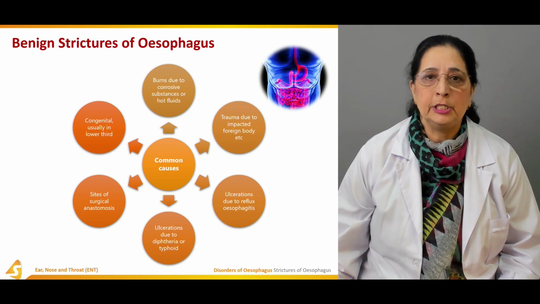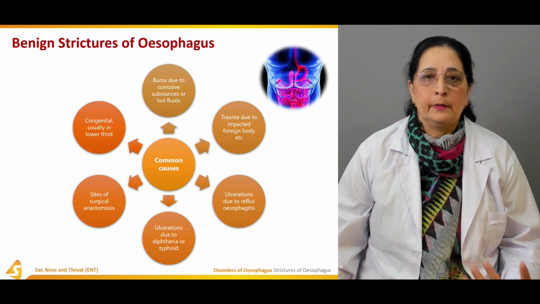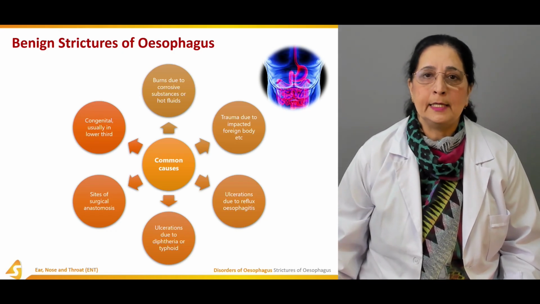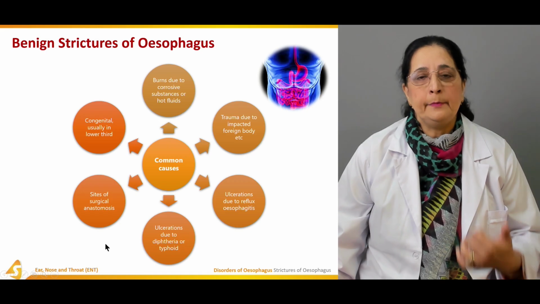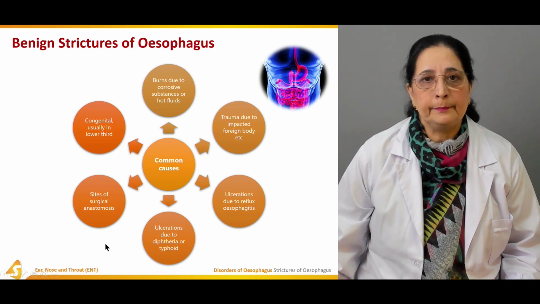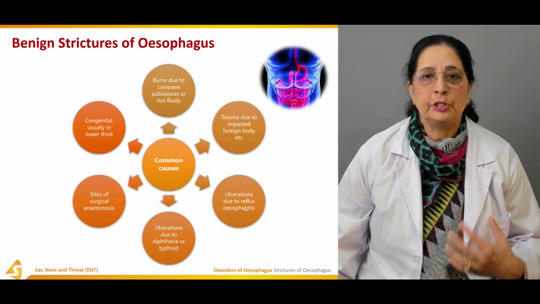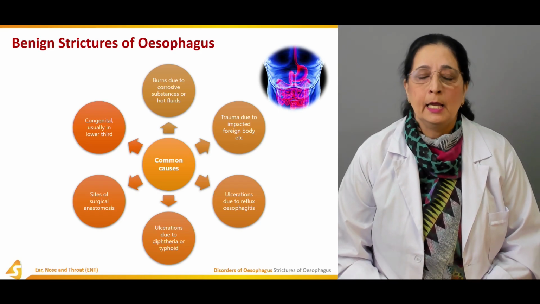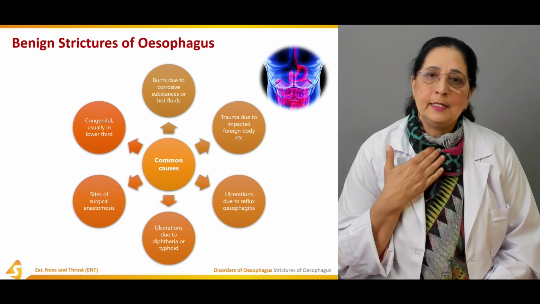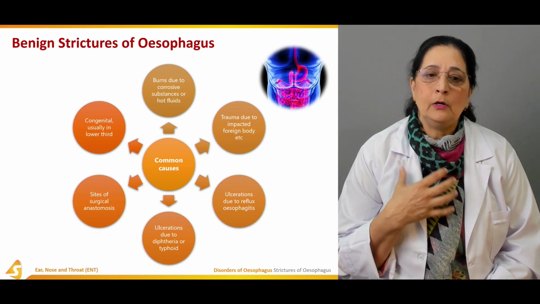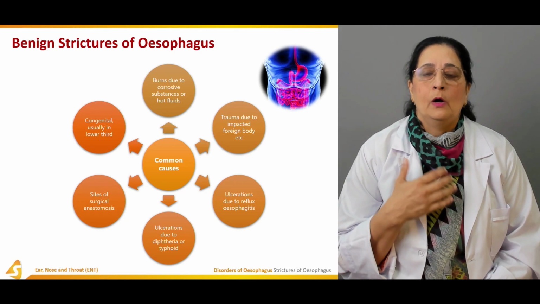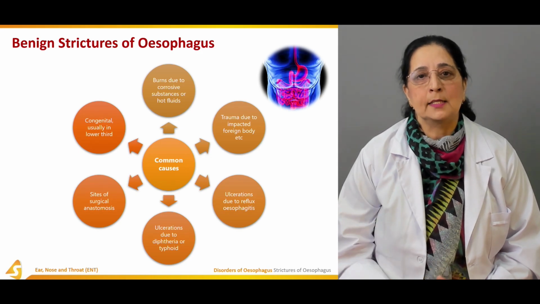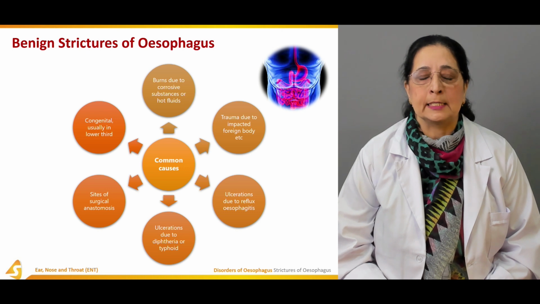It can be congenital. When it is congenital, the site is usually the lower third. It can be due to conditions like diphtheria, typhoid, or ingestion of hot and corrosive substances. Ulceration can occur if there is injury to the lining of the esophagus, the esophageal mucosa, due to reflux esophagitis.